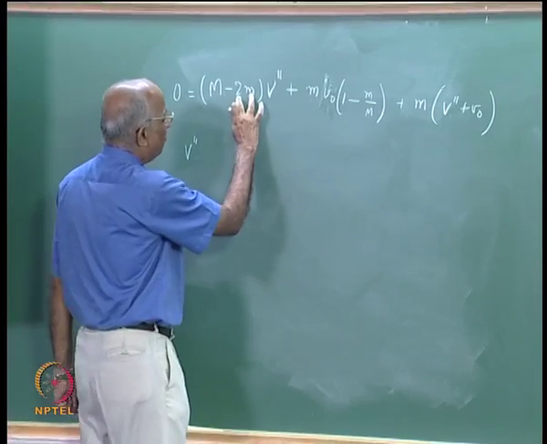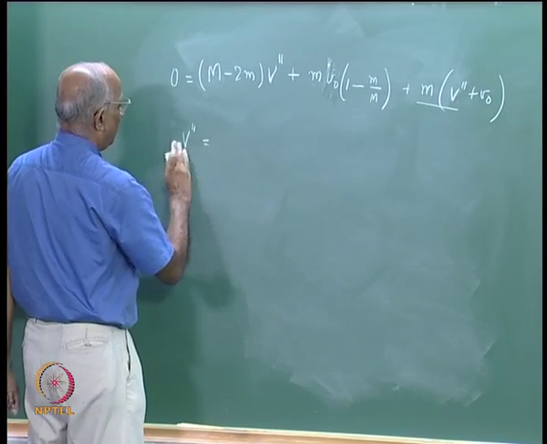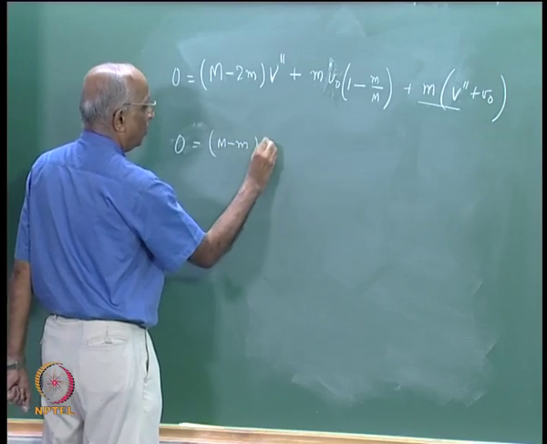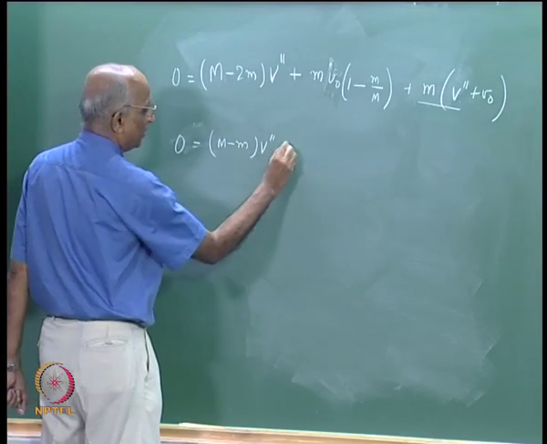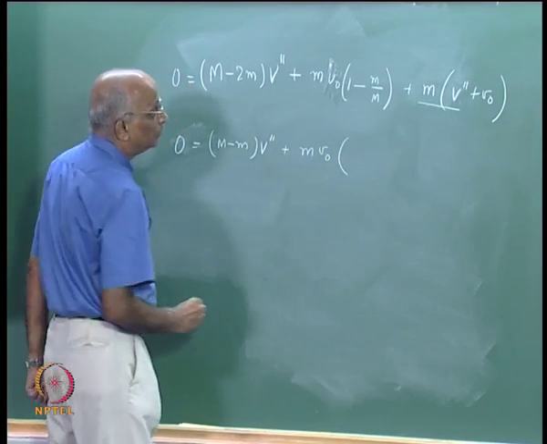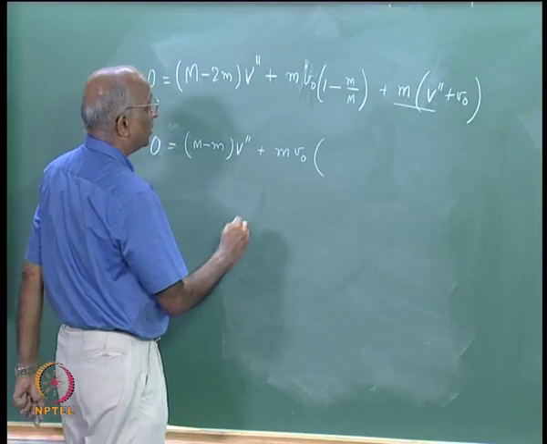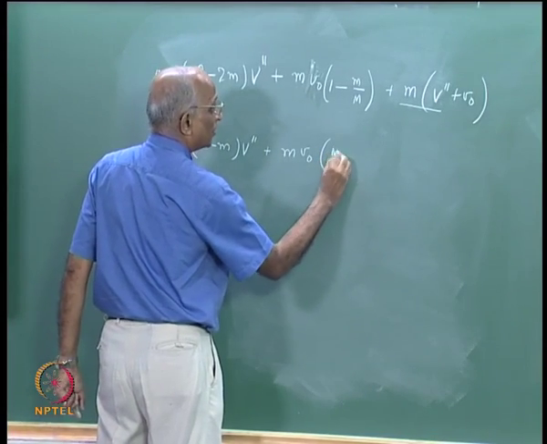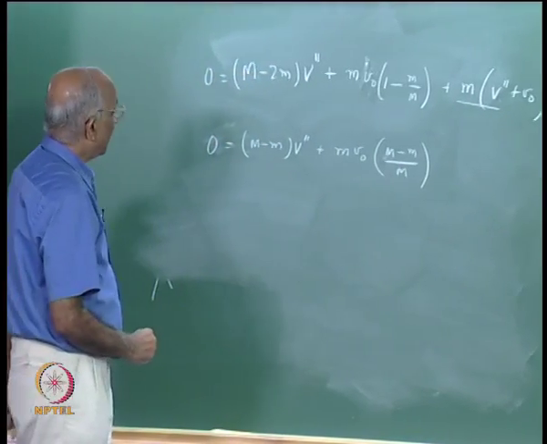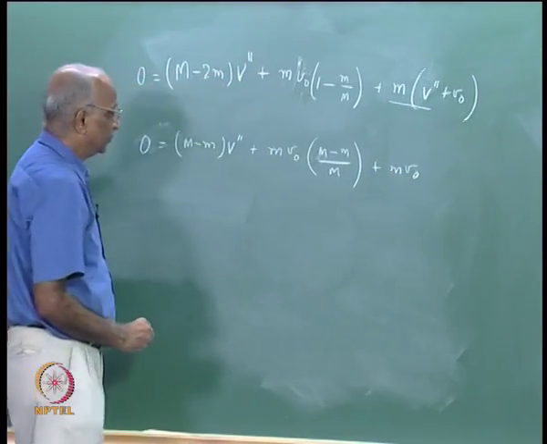I have mV2 prime, 2mV2 prime, I take it inside, and I get 0 is equal to (M minus m) into V2 prime plus mV0 into 1 minus m over M, plus mV0.